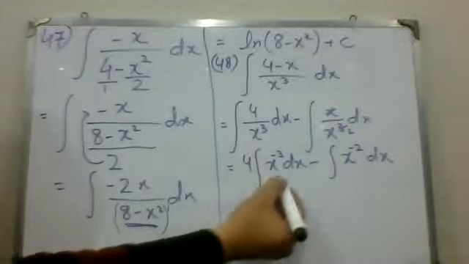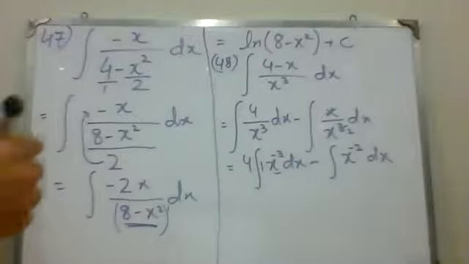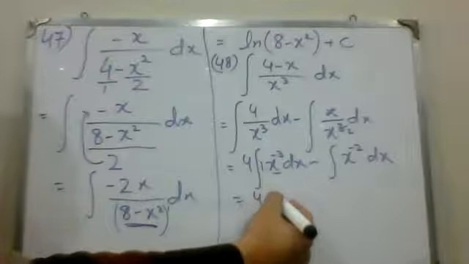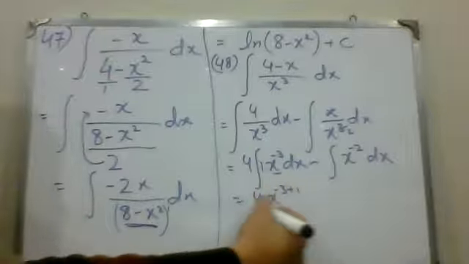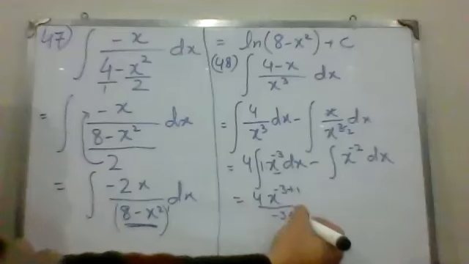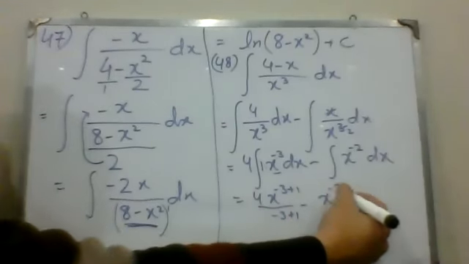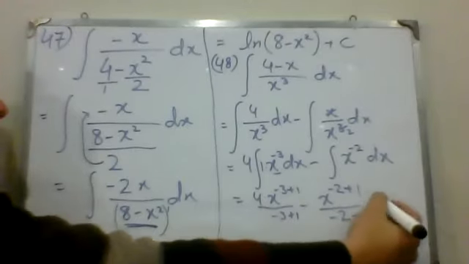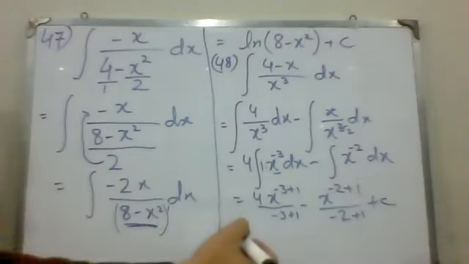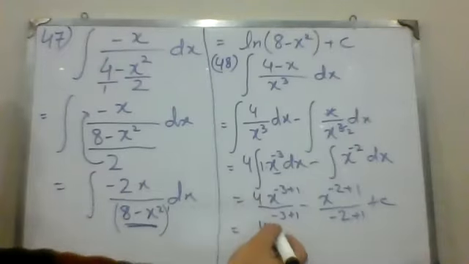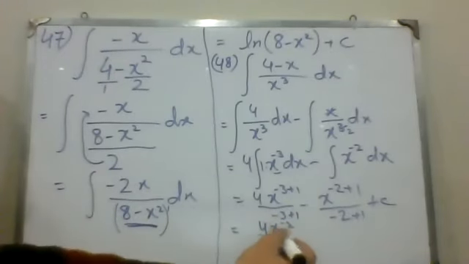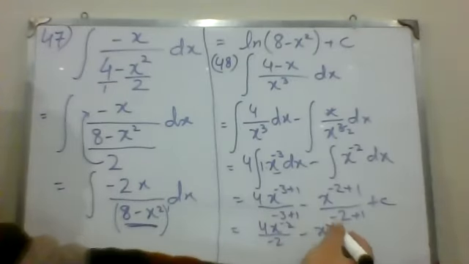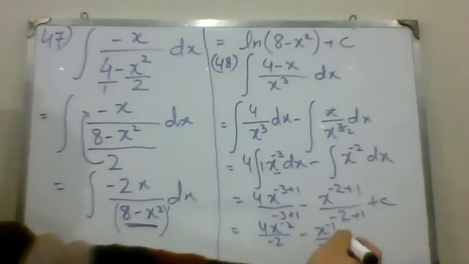Okay, the derivative of x is 1, so we add 1 to the power. So we get 4 into x to the power minus 3 plus 1 minus x to the power minus 2 plus 1, divided by minus 2 plus 1, plus c. From here we get 4x to the power minus 2 divided by minus 2, minus x to the power minus 1 divided by minus 1, plus c.